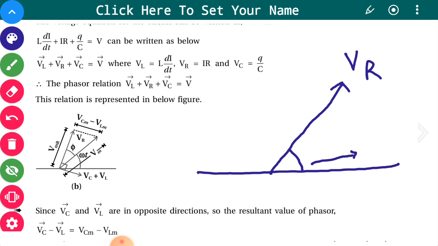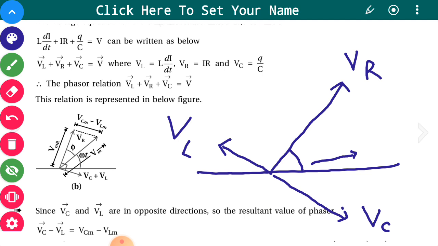Now see, this voltage was across VC, that is voltage across capacitor. This voltage is across inductor. Now try to understand.